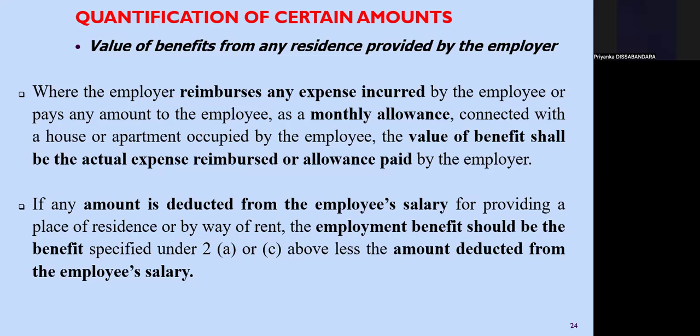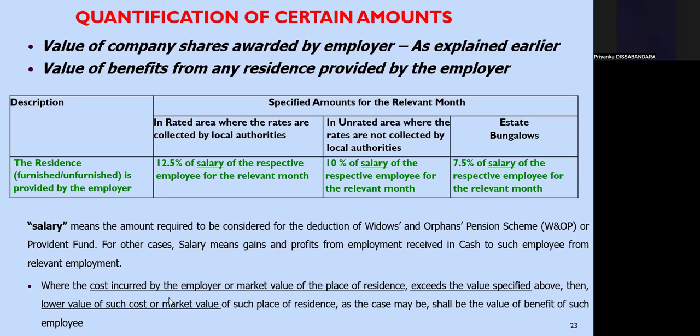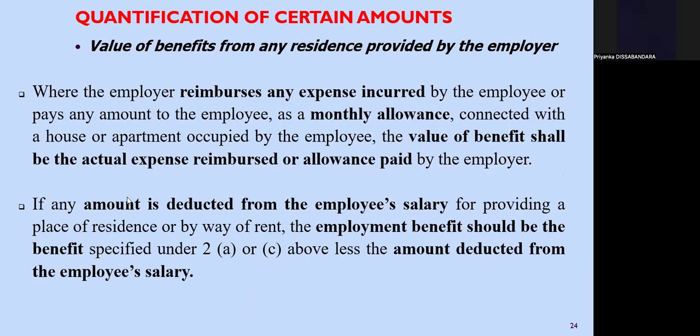The employment benefit should be the benefit specified under 2A or C above, less the amount deducted from the employee's salary. So A means the case we discussed above. In those cases, from the amount we calculated, we can deduct the amount collected from the employee.